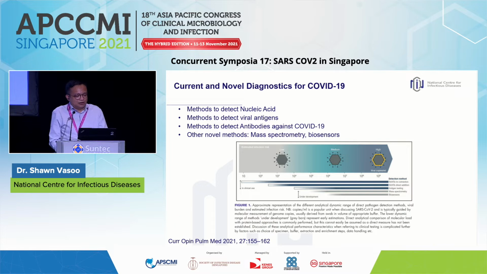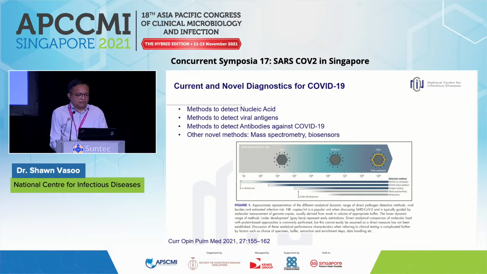But current and novel diagnostics of COVID-19, I think there are 4 main methods: tests which detect nucleic acid, tests which detect viral antigens, tests which detect the antibody response, and then other novel methods which we won't speak so much about. People have looked at mass spectrometry to look at the protein and charge signals.